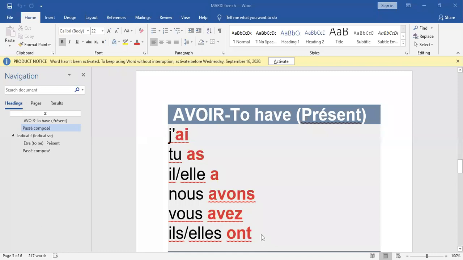When you conjugate the verb avoir into present tense, you are going to have here j'ai, tu as, il, elle a, nous avons, vous avez, ils, elles ont. And what's the meaning of j'ai?